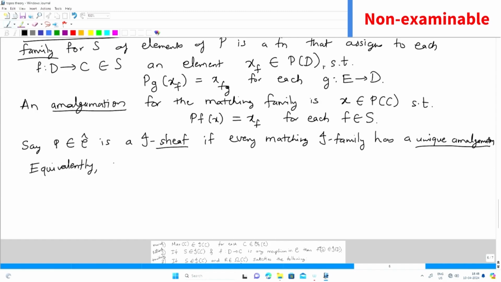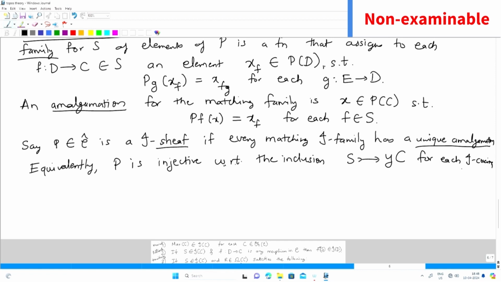Equivalently, P is injective with respect to the inclusion S to yC for each J covering sieve S. Okay, what I mean is this, that for all maps, for all blue maps to P, there exists, like it's strongly injective, there exists a unique extension to yC.